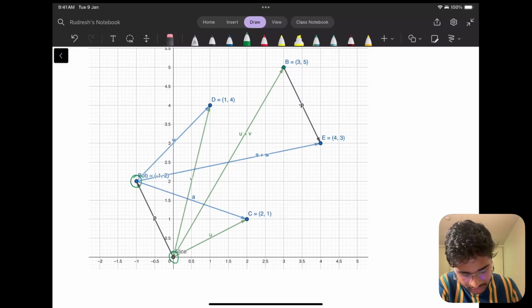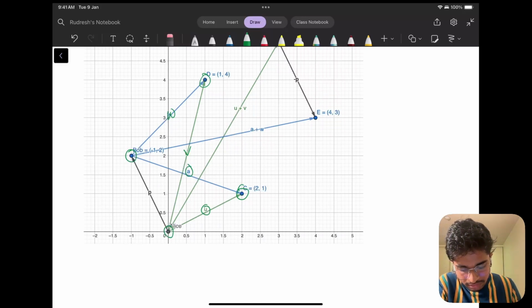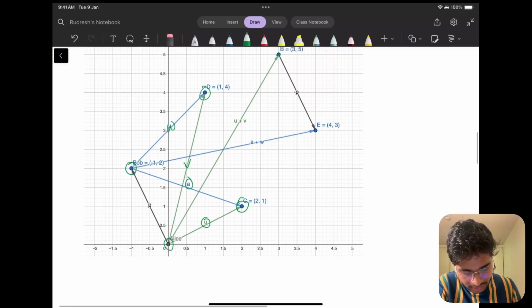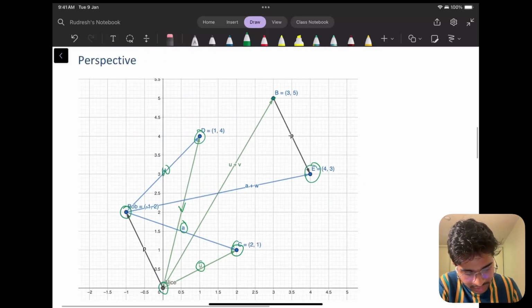Let's say the vector which defines D in Bob's perspective is W, and the vector which defines D in Alice's perspective is V. Same for the point C: the vector which defines it in Bob's perspective is A, and in Alice's perspective is U. When both of them try to add the vectors defining the points D and C, Bob gets this E vector and Alice gets this B vector, right?